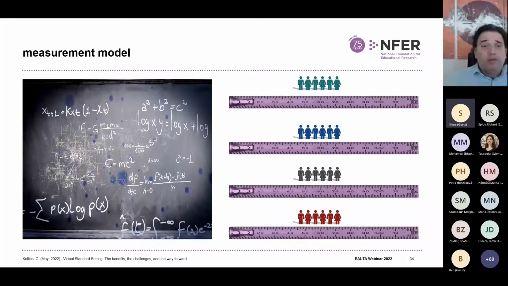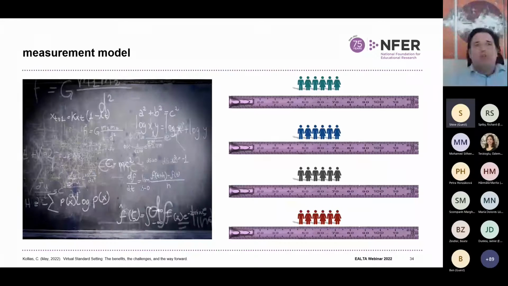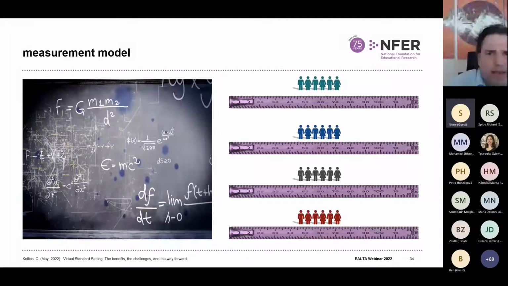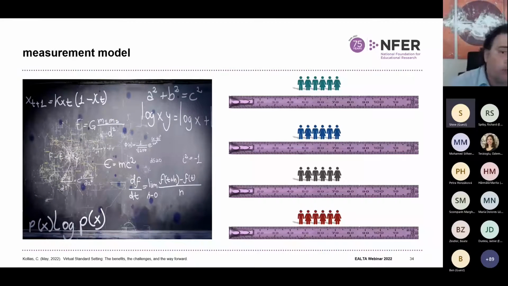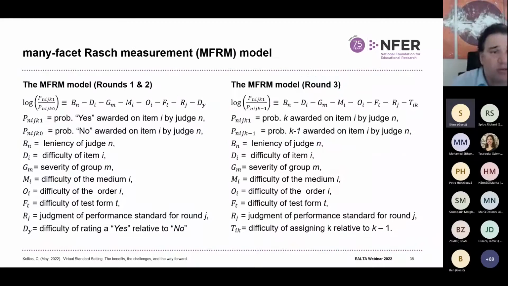Now I've got to make all these 8 cut scores on the same scale. So obviously I chose the many-facet Rasch measurement model. I had 2 models, one for the yes and no, and one for round 3.